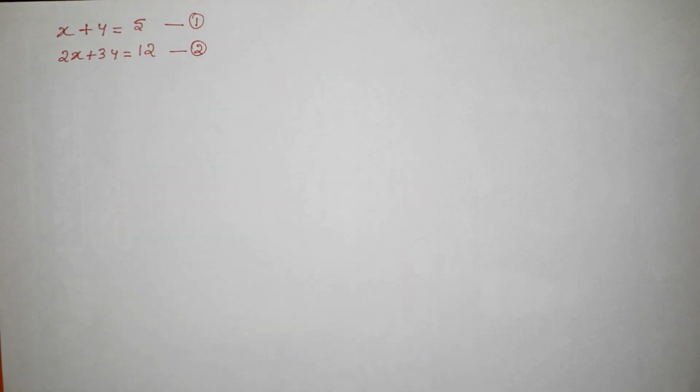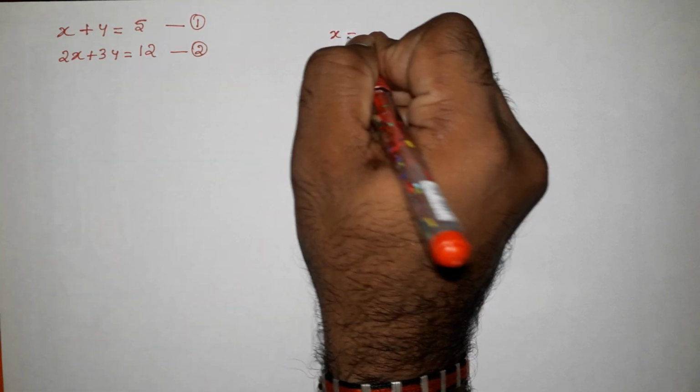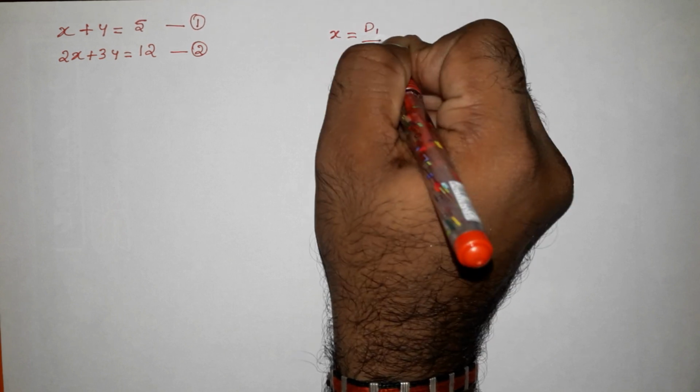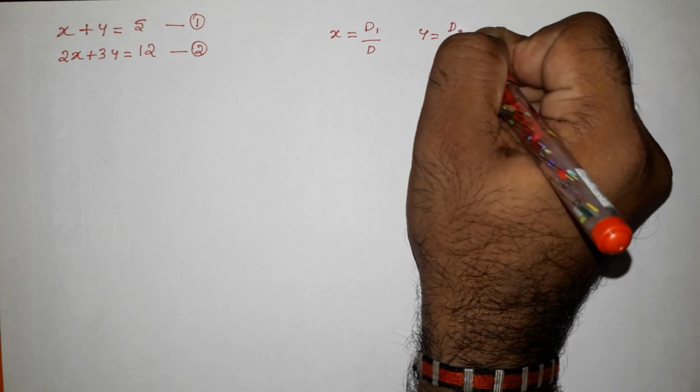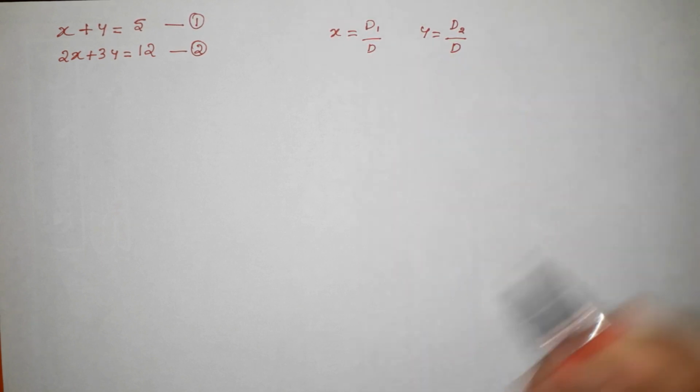The same method, the same procedure what we have done in the last problem, in the same method we have to solve this equation. First we have to write x is equal to delta 1 divided by delta, y is equal to delta 2 divided by delta.